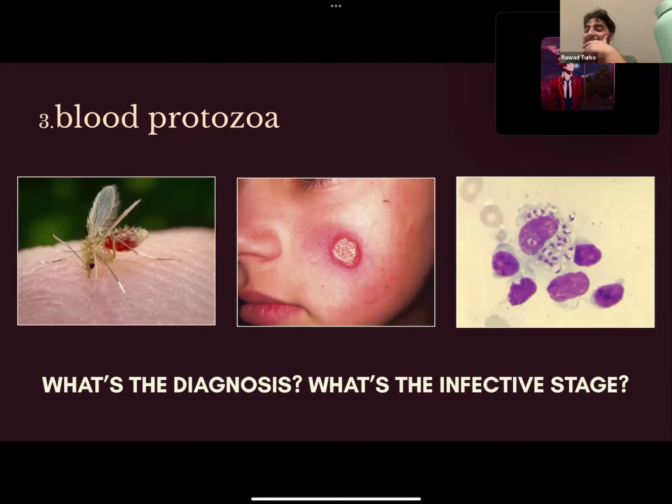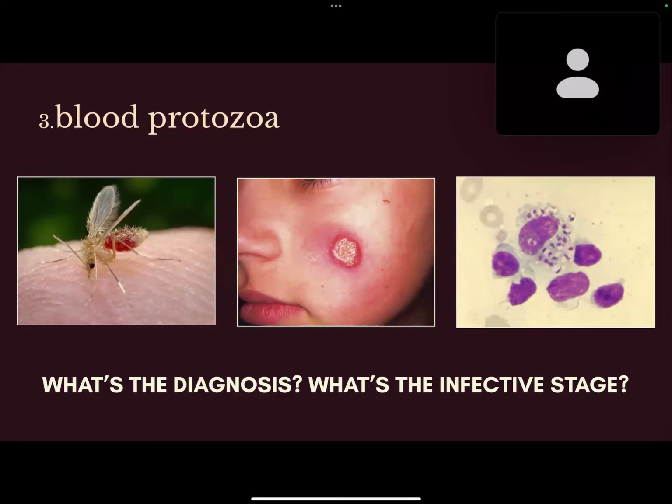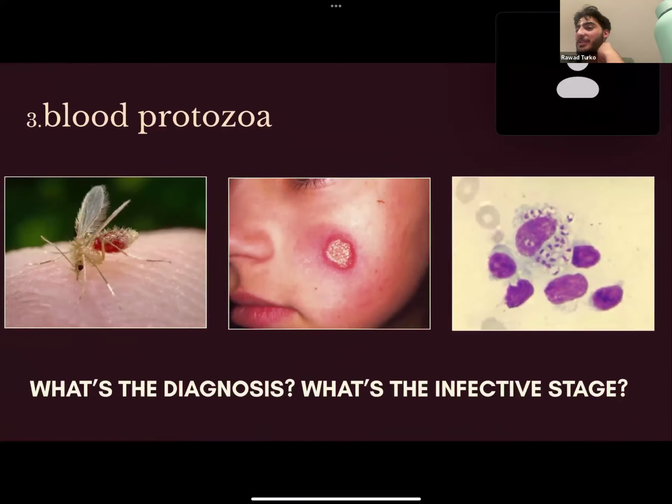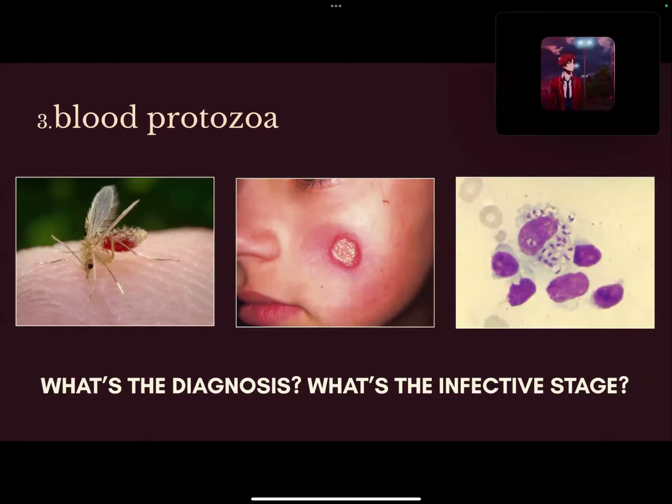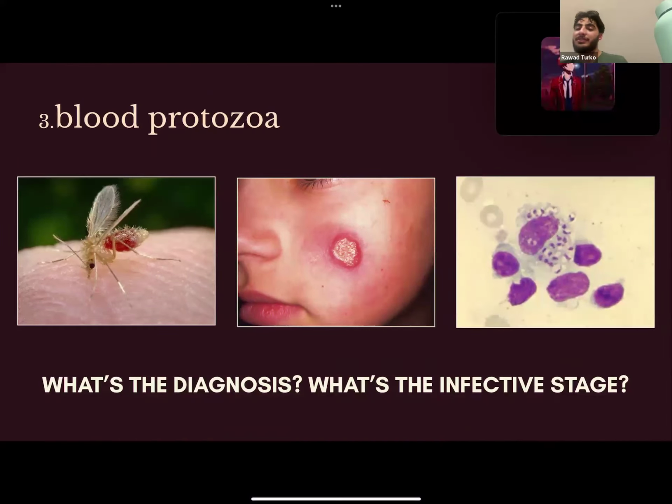Promastigotes. Perfect. Now, what is this stage, this third picture? Amastigotes. Yeah, amastigotes inside of the macrophages. Okay, perfect. And finally, this vector is called the sandfly. So this is Leishmania, cutaneous Leishmania specifically.